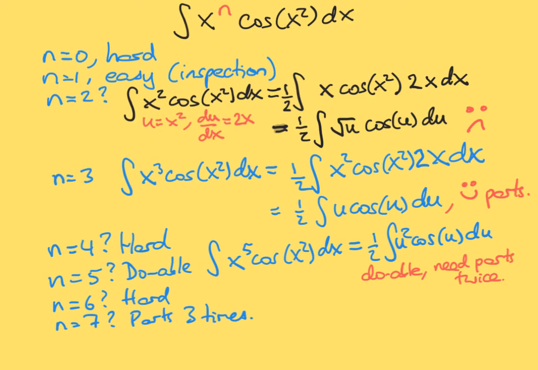N is 7, parts 3 times, etc. And the real reason that it is sometimes easy is that our integrand here contains a factor of x that we can write as du dx, and what we are left with here is a factor of u. It can be written in terms of u in such a way that we can integrate it quite systematically. Okay, and with that we'll go on to the last slide.